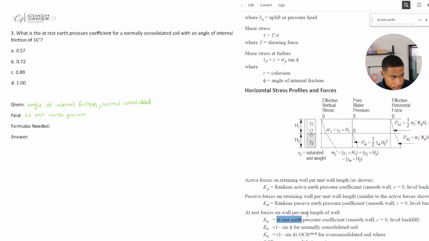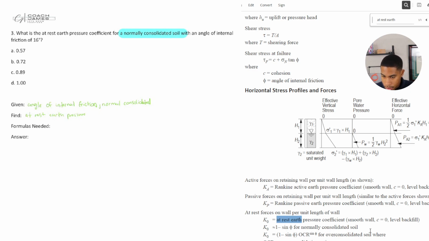So at rest forces on wall per unit length. So K0 is identified as the at rest pressure coefficient. And so you can solve for K0 for a normally consolidated soil or for over consolidated soil. And so we have, in our problem, a normally consolidated soil, which is very important.